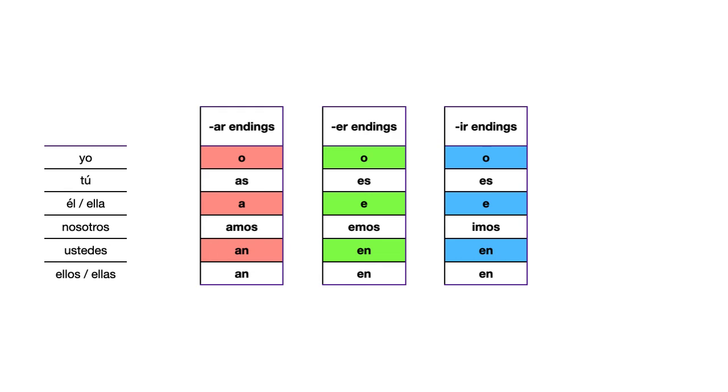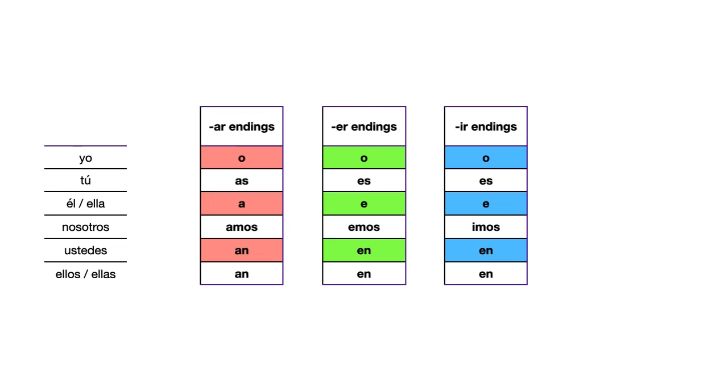The third is for both él, he, and ella, she. The fourth ending is for nosotros, we. The fifth ending is for ustedes, you guys. And then the sixth ending is for both ellos and ellas, they, when it's feminine and when it's masculine.